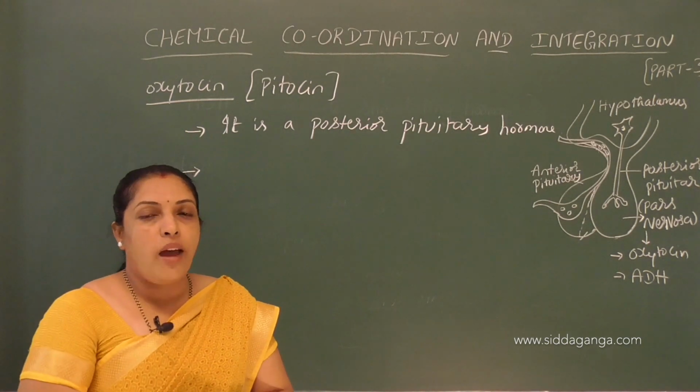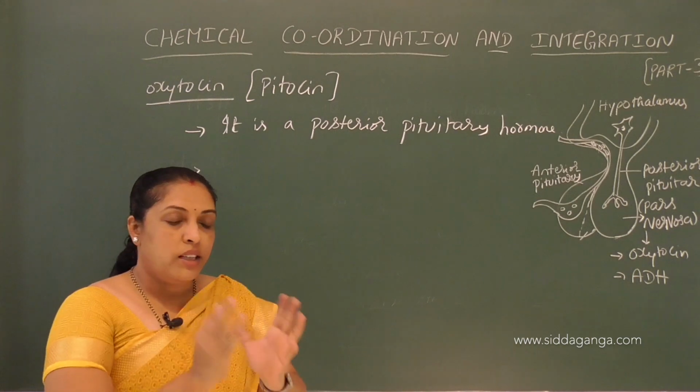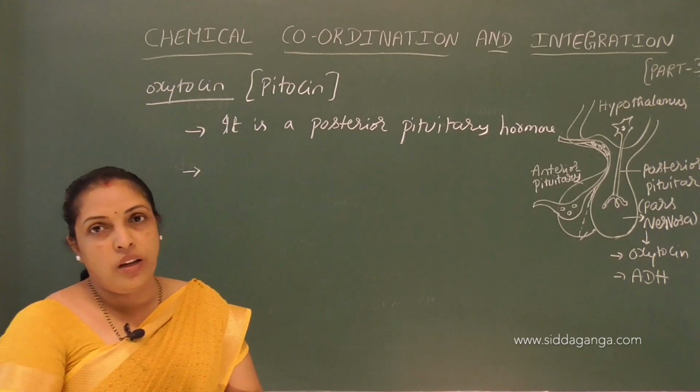Oxytocin mainly acts on smooth muscles of our body, and it results in contraction of the muscles.